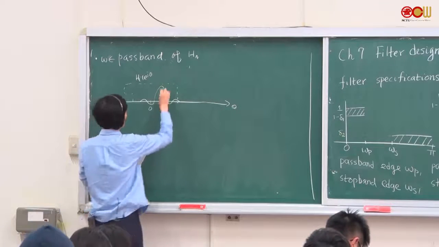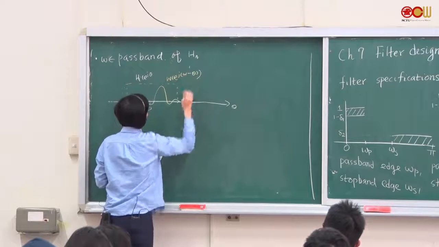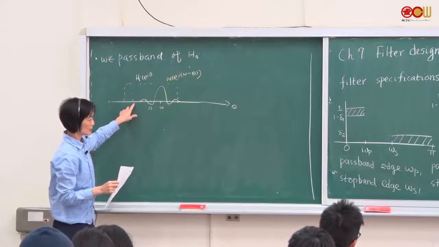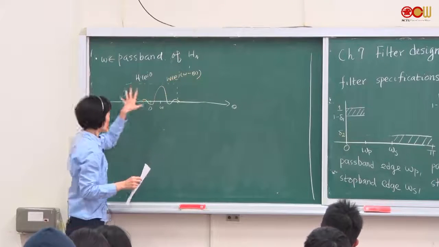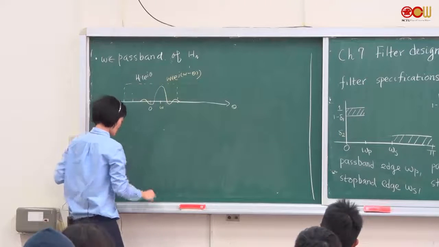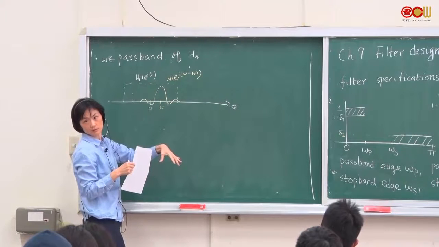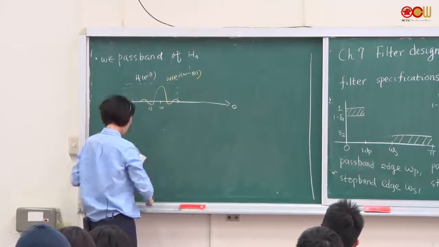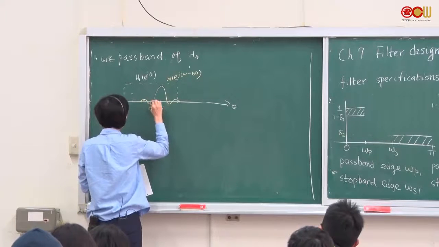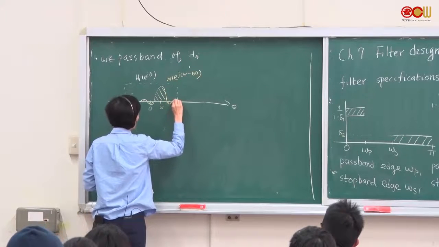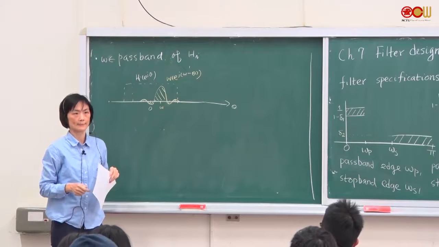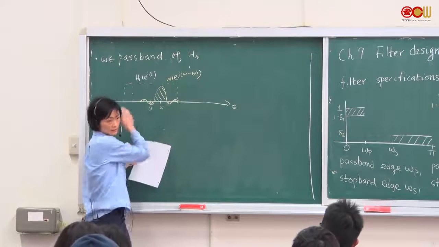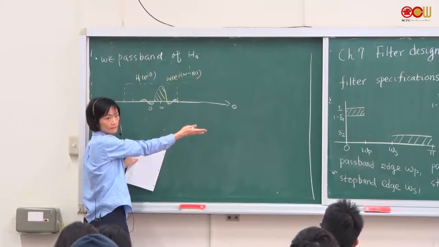We multiply these two together and integrate. Because the ideal low-pass filter is like a window, only the part that falls into the passband will get integrated, not the part that's outside the passband.